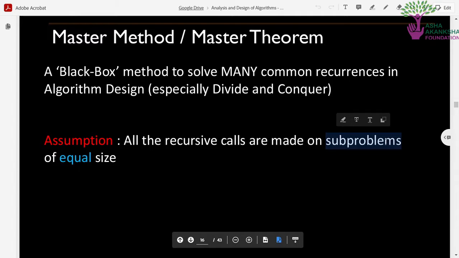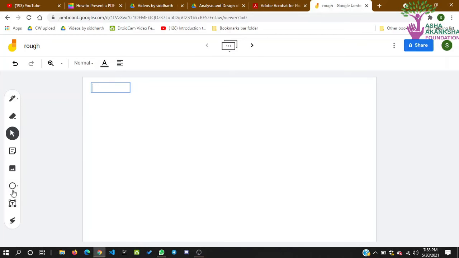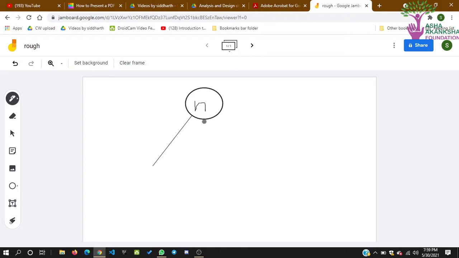I will explain it using a diagram. Suppose that we are given a main problem which is operating on a certain value of n. Suppose this is n, and we are using recursion to divide it into smaller subproblems. Suppose three subproblems. So these are the three subproblems that we are dividing it into.